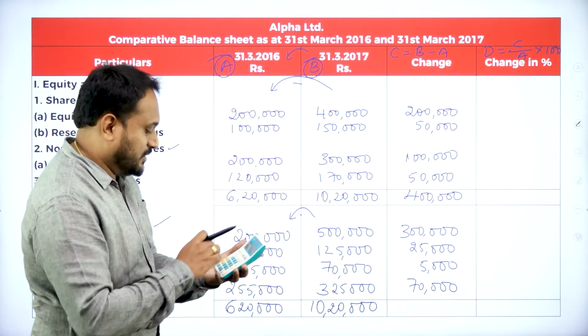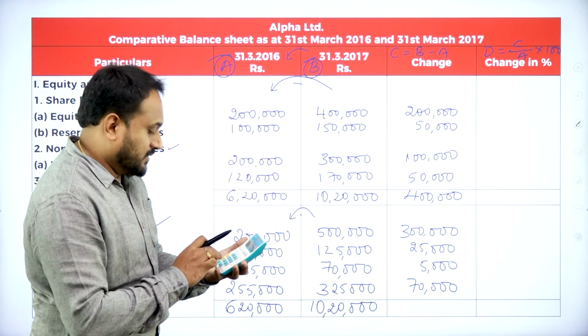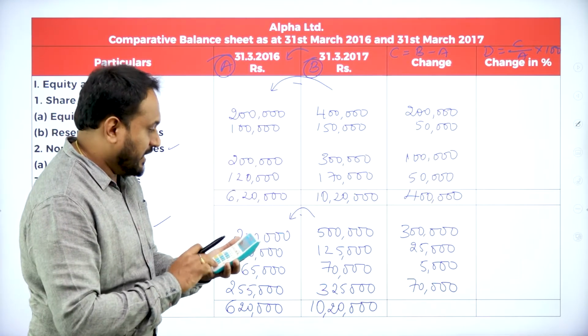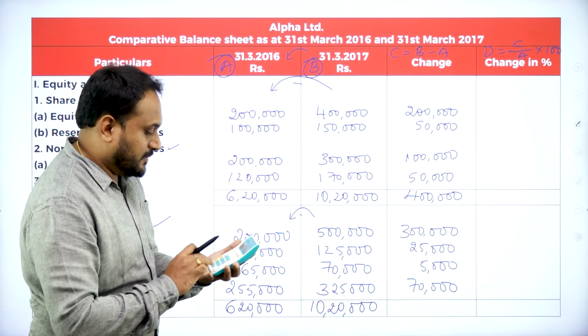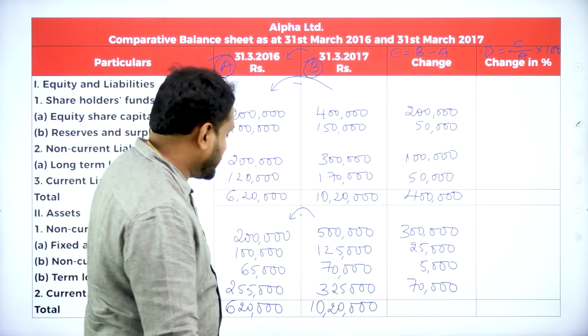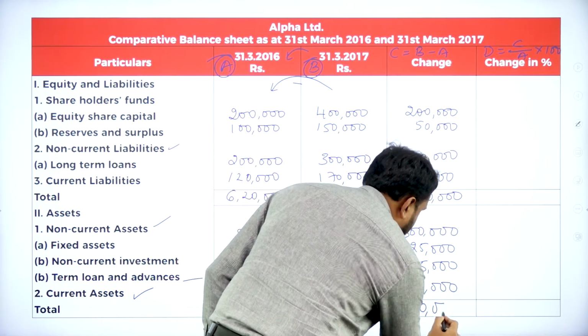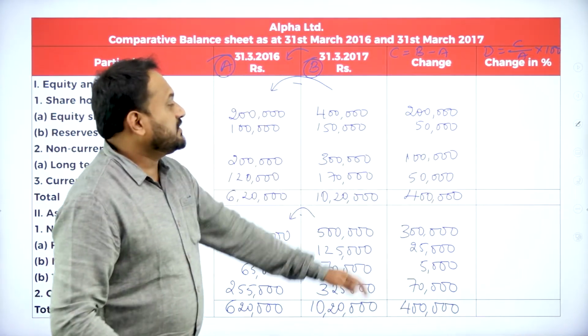See, understand: 300 plus 25 plus 5 plus 70. So we got 4 lakh rupees. So here we'll write 4 lakh. Done. So this column is also done.